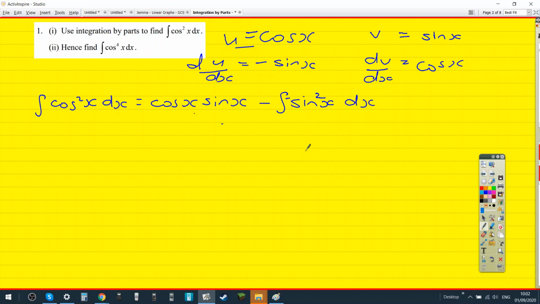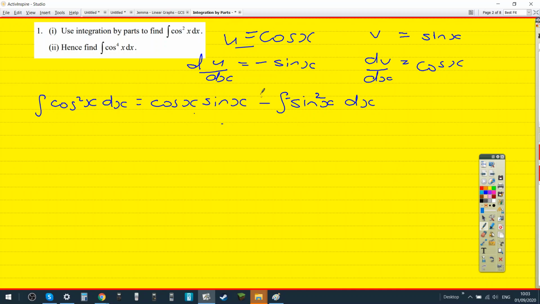Okay, how do we deal with that? Integrate minus sine squared x. We just tried to integrate cos squared x. Would you have to do integration by parts again? Then it would just go on forever.